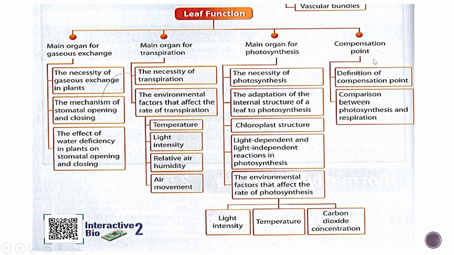Last but not least is today's lesson on compensation point. You have to define what that is, and also compare and contrast between photosynthesis and respiration. And that's it for chapter 2.